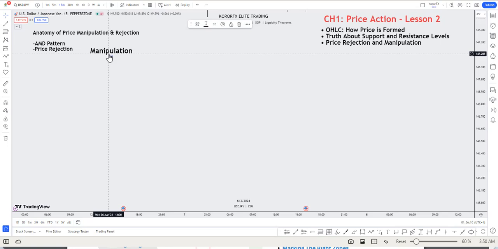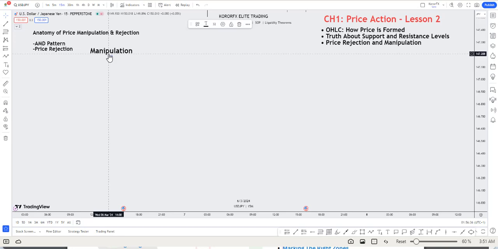So it's a program anyway. That program always runs with the algorithm and manipulates the price, and it is also taking liquidity. It's like grabbing and sweeping a liquidity.